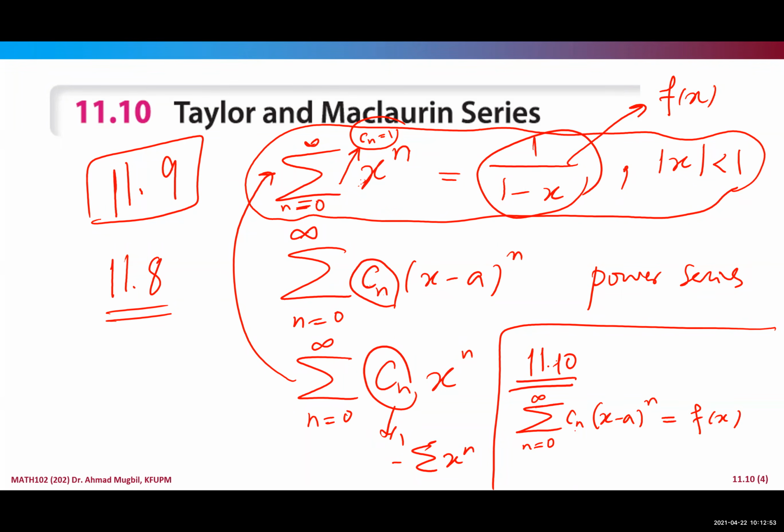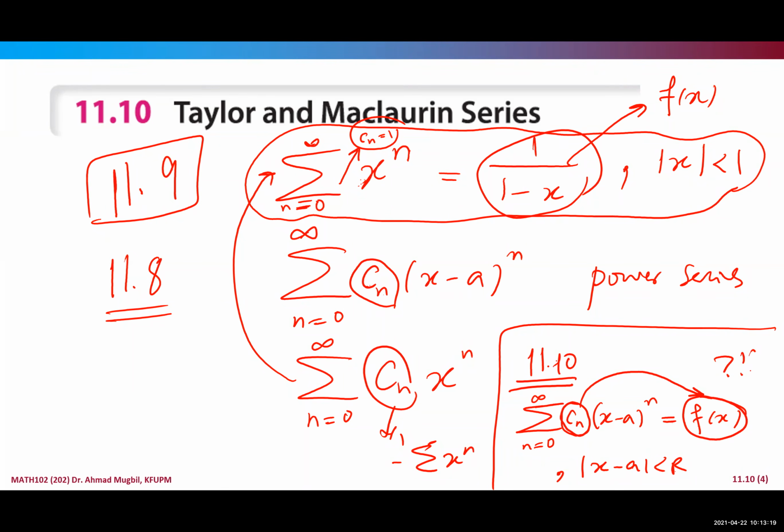So if we have a convergent power series, let's say within the interval of convergence, where x minus a is less than r, the radius of convergence, and it converges to f of x, the question is: is there a relationship between the coefficients here and the function here?